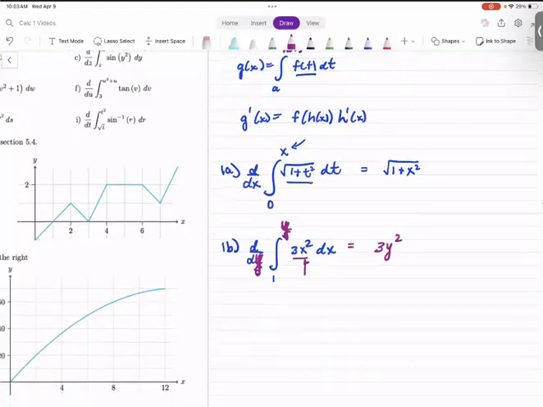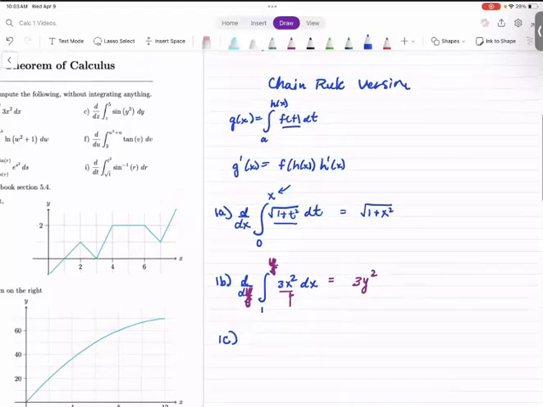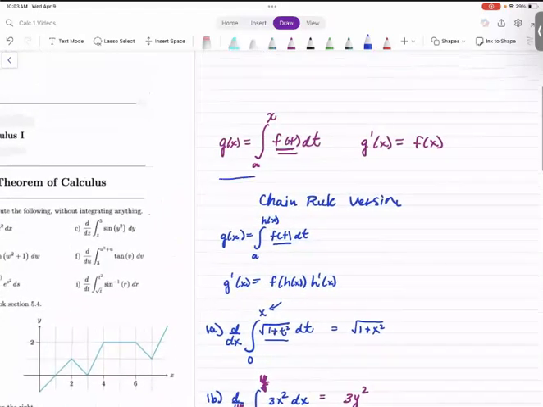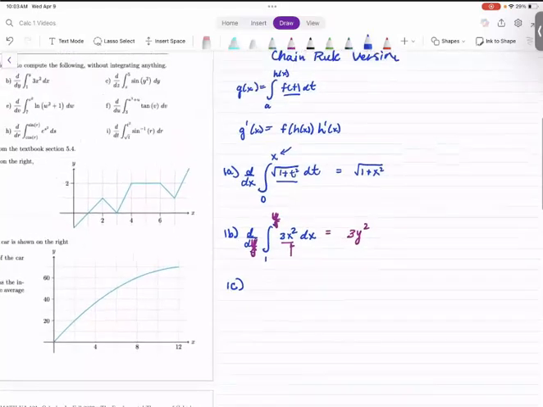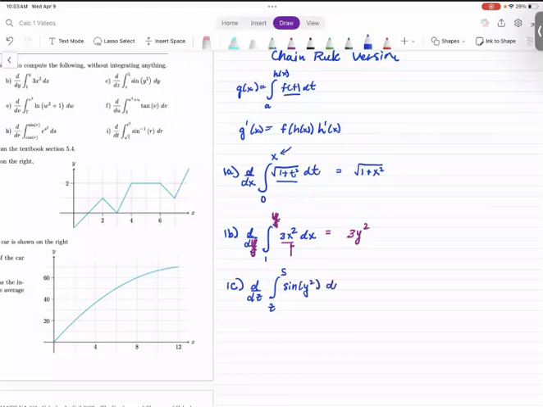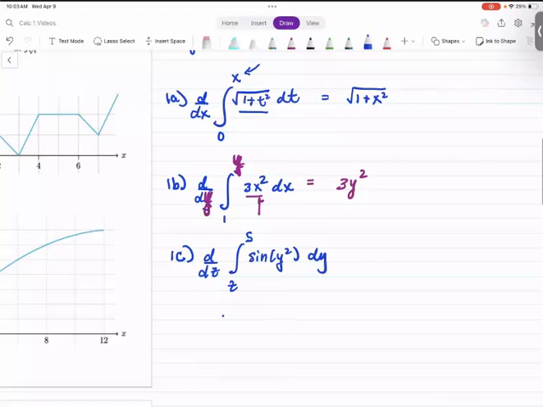Now, 1c changes things up a little bit because we have to make an adjustment. So remember, this is our rule, a up to x. If we want to now take the derivative with respect to z of the integral from z to 5 of sine of y squared dy, so our variables match and the inside one is different, that's all that's required. The problem is this is in the wrong order, right? We need to have a up to z, not z up to a.